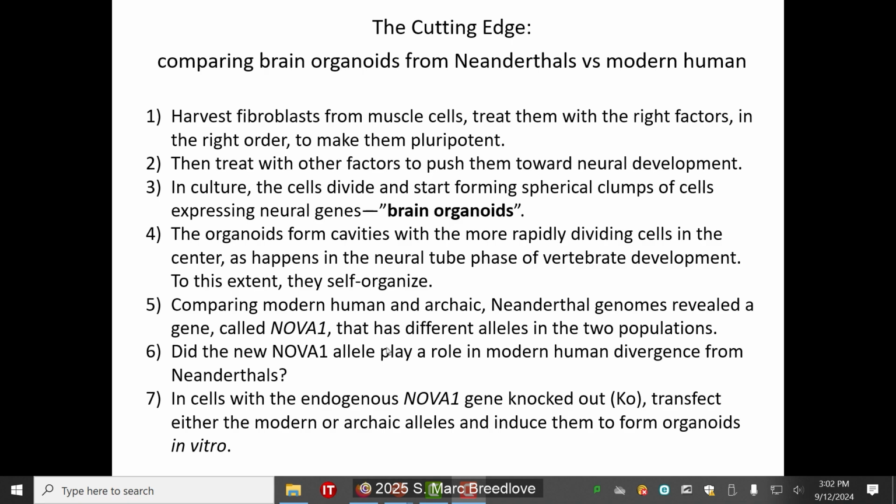And when you're doing this for neurons, the clumps of cells are known as organoids, organ-like, and these are brain organoids. And the reason there's so much excitement about it, first of all, they're dead easy to make and they're cheap, right? Because you don't have to have any animals around.